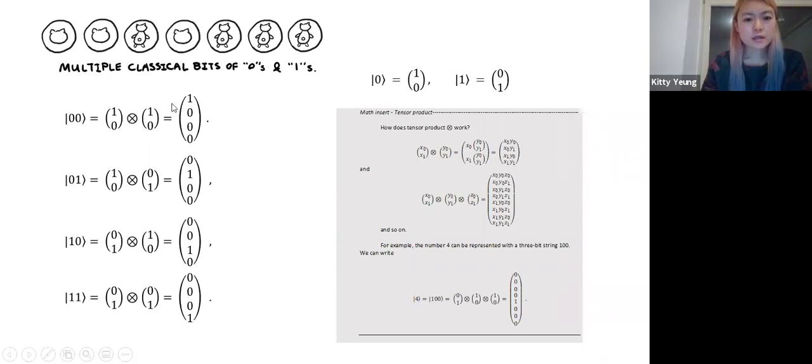If you do the maths, you get this 4-element vector. But even without doing the tensor product, you can see these are the 4 possible ways to arrange the numbers. For 0, 0, you will have the 1 at the first element. The second one will have the 1 here, the third one will have the 1 third, and the fourth one will have the 1 at the bottom. So that's a 4-dimensional space, called a Hilbert space. But don't worry about these terms. We'll just build more intuition.